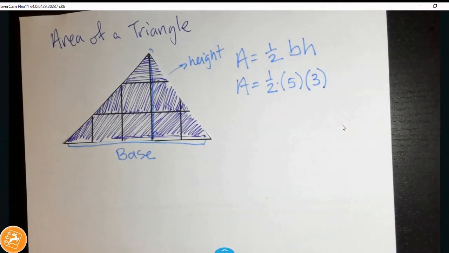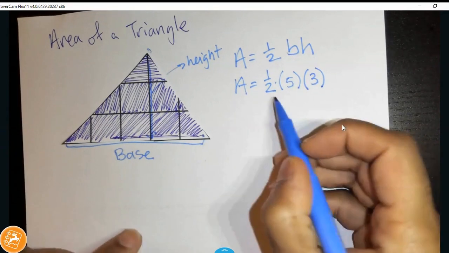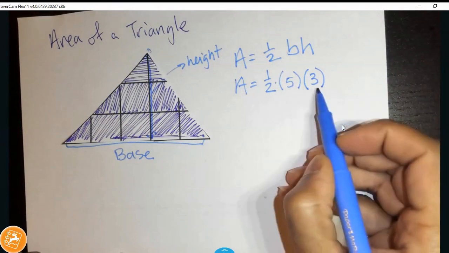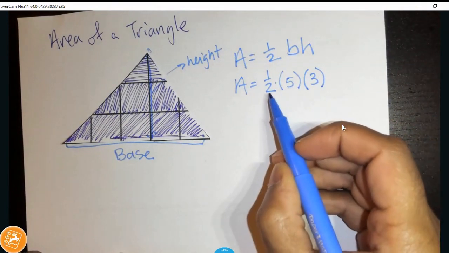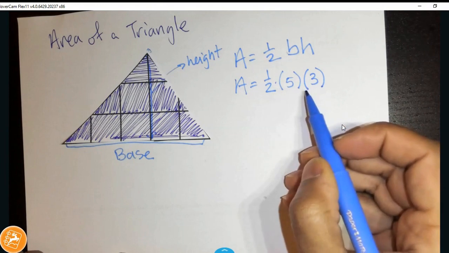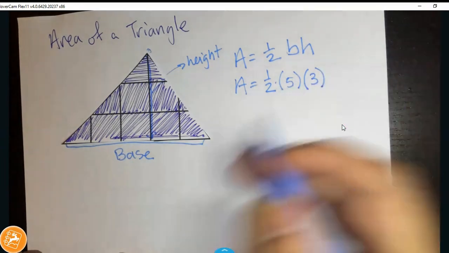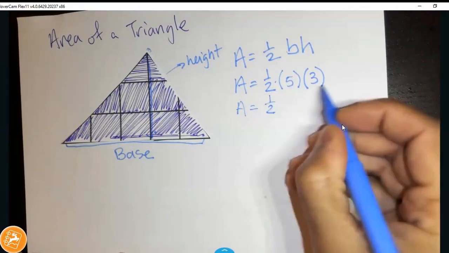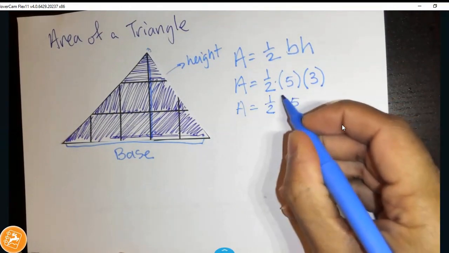Now you solve it like an order of operations problem. You can solve it a couple different ways. You can go in any order because remember, multiplication is commutative. So I could do 5 times 3 and then take half of it, or I could do 1/2 times 5 and then multiply that by 3. Either way, it's fine. I'm going to do 5 times 3, and now I get 15.